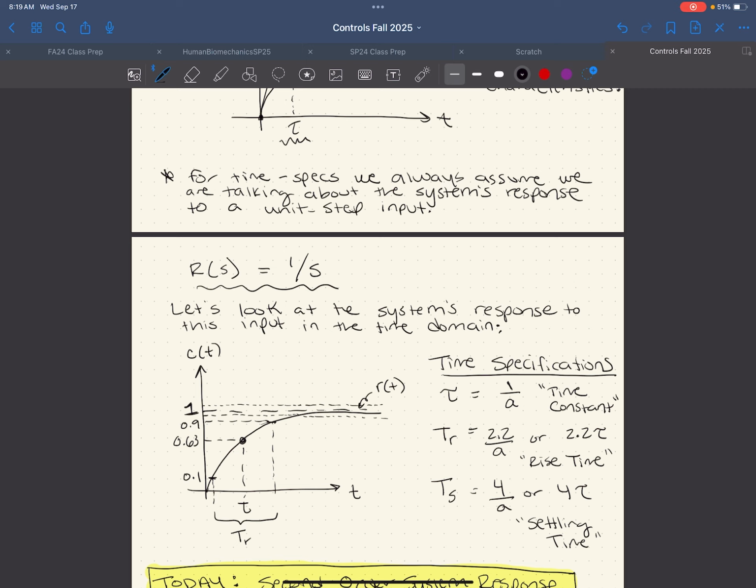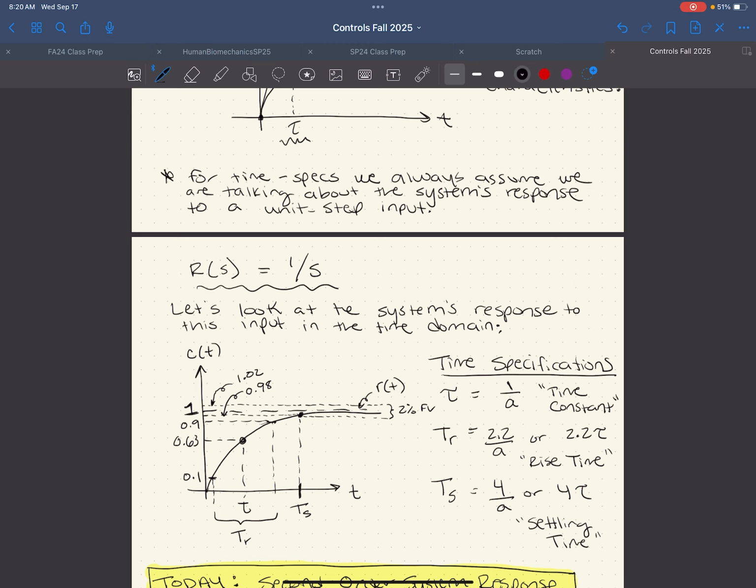So as long as we stay within this bubble of 2% of the final value, that is, we enter that envelope right here. So this is our settling time, T sub S. Sorry, I'm running out of room to write these tiny values. So this would be 1.02, and this lower bound would be 0.98.